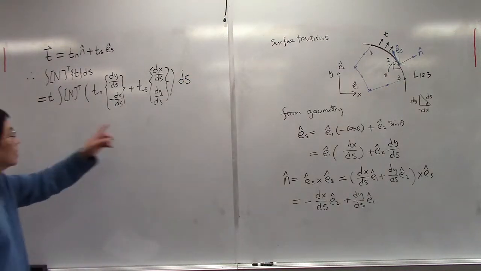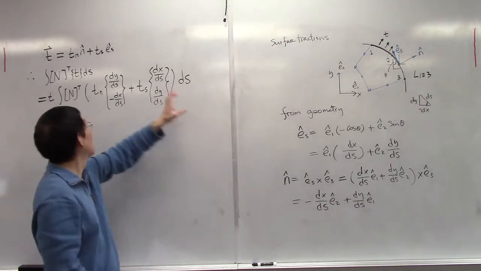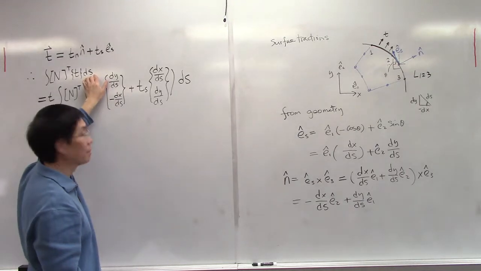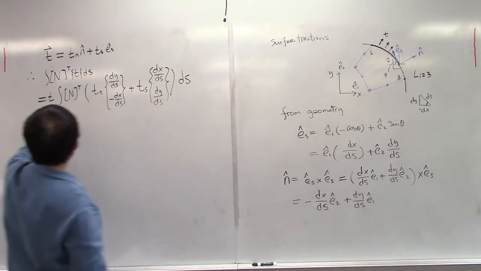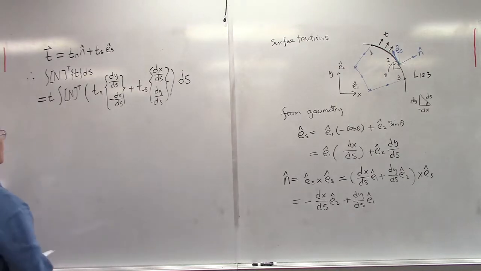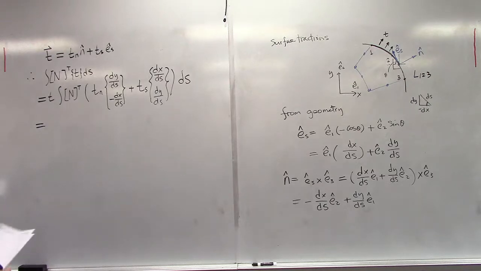And again, this s at this point is the arc length, and this ds is the surface area. Because why it becomes arc length? Because we already take the thickness out.